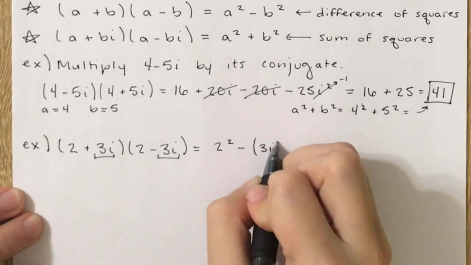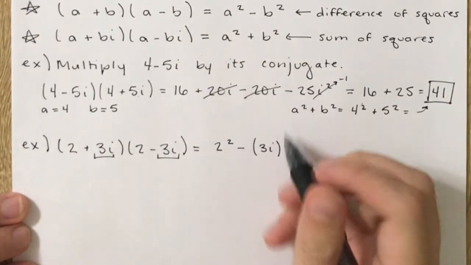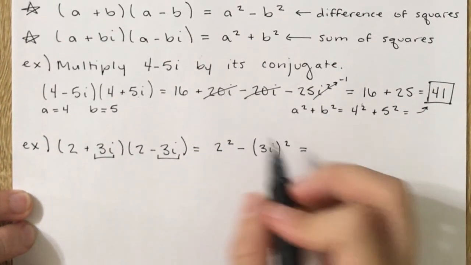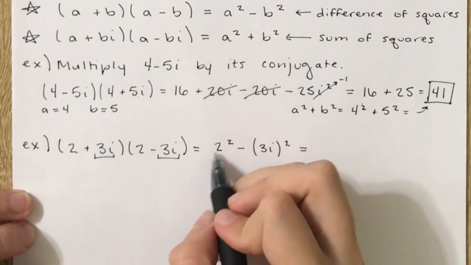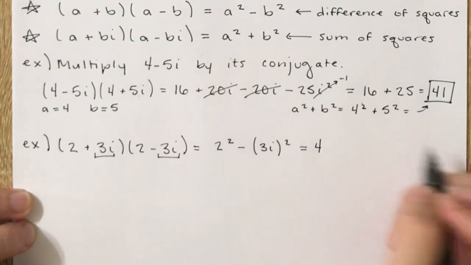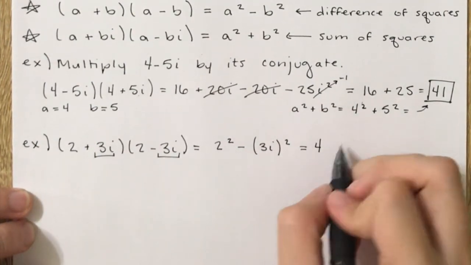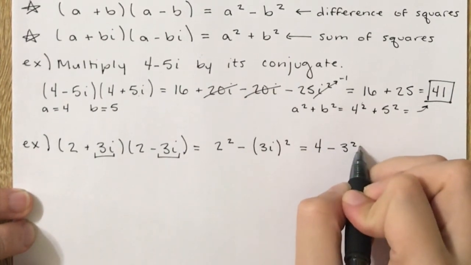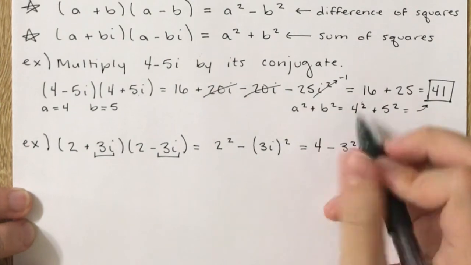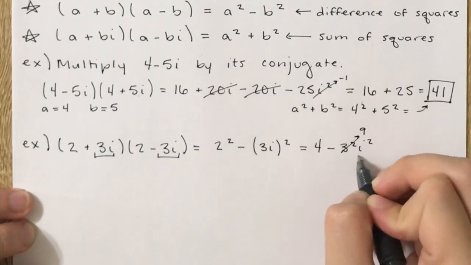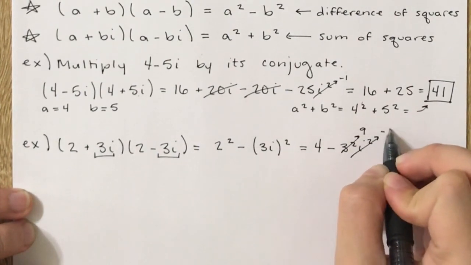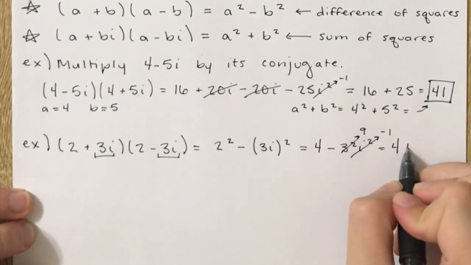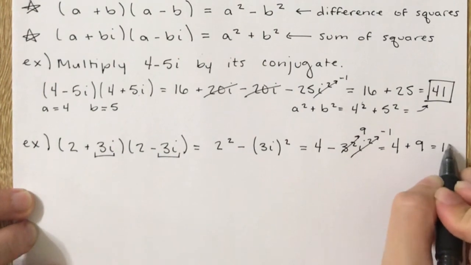So 3i squared. Okay, so this is again using difference of squares. 2 squared is 4, and then minus 3 squared times i squared. 3 squared is 9. i squared is negative 1. So I have 4 plus 9, or 13.